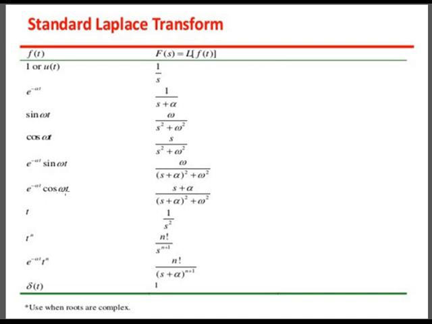For e raised to minus alpha t cos omega t, it is s plus alpha divided by (s plus alpha) square plus omega square. For t, it is 1 upon s square, and for t raised to n, it is n factorial divided by s raised to n plus 1. For e raised to minus alpha t into t raised to n, it is n factorial by (s plus alpha) raised to n plus 1, and for the function delta of t, the value of the Laplace transform is 1.